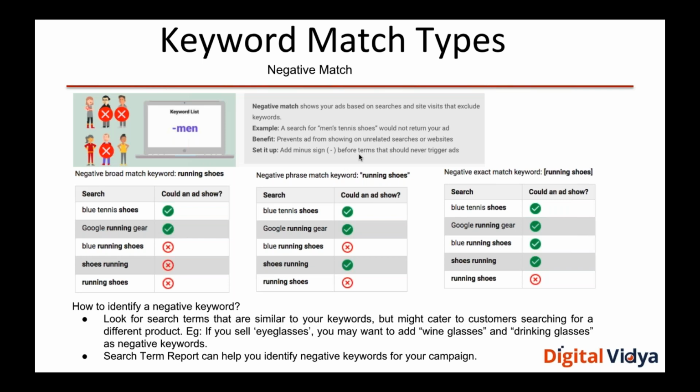Now, having said that, it is very likely that there will be a set of negative keywords applicable at the campaign level. For example, if I don't offer any yoga services for free, the term free can be a negative keyword for any ad group in the campaign. Do you agree?